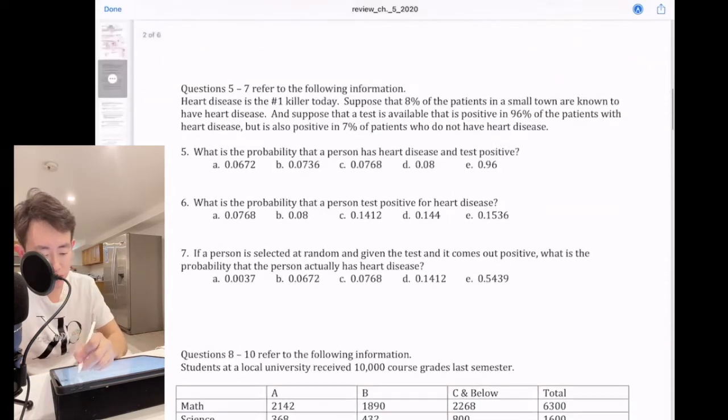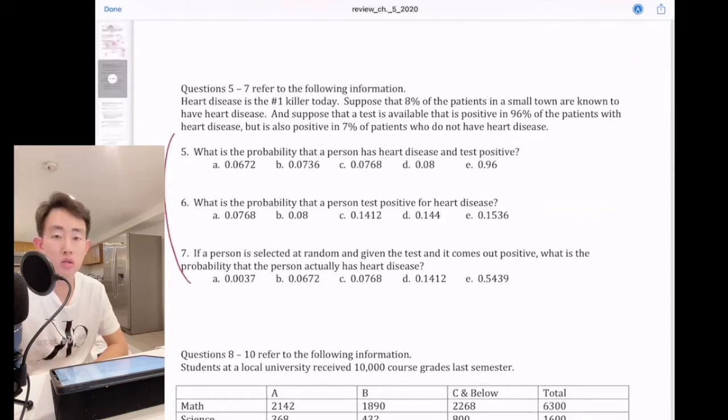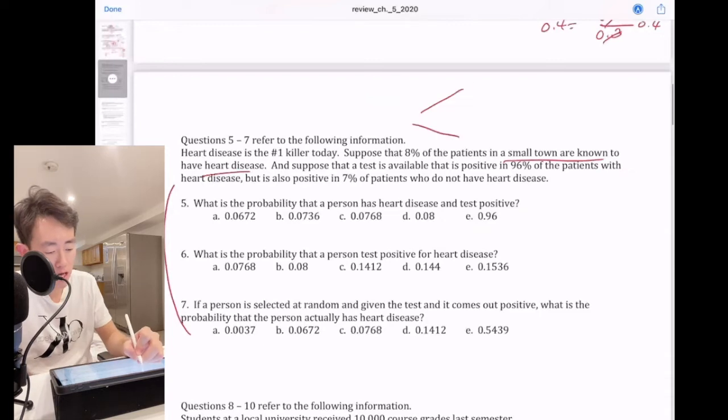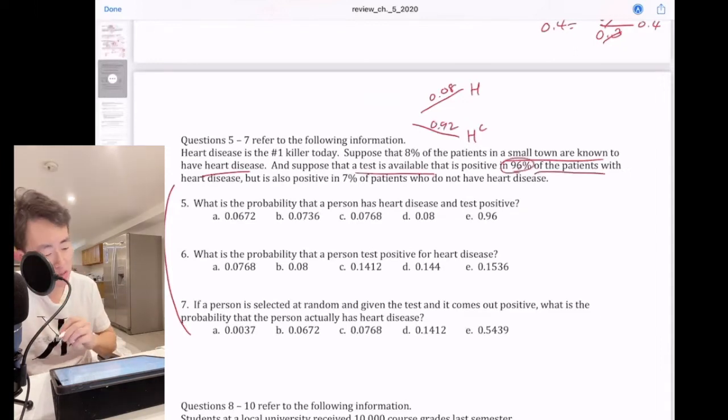And let's move on to 5 to 7. This is very similar to the one tree diagram question I gave you during class. 8% of the patients in a small town are known to have heart disease. So first, I'm going to have heart disease and no heart disease, 0.08 and 0.92. And suppose a test is available that is positive in 96% of the patients with heart disease.